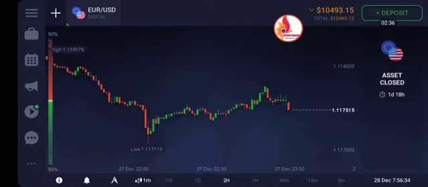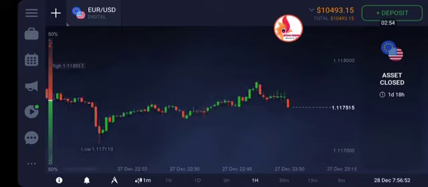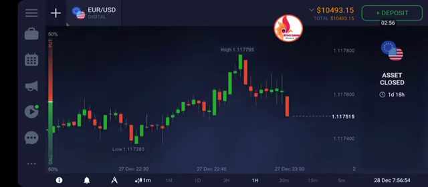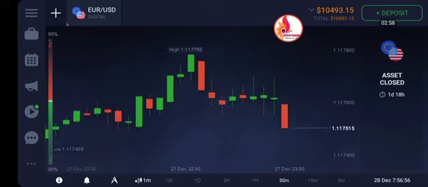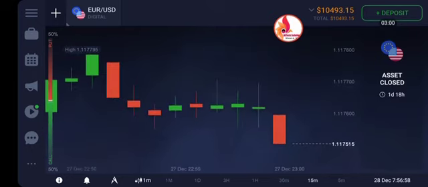Now, another thing you should do is to make the chart more visible. If you look from the other side of the page of the chart, you have 2 hours active, meaning the chart time is 2 hours. We can change it to 1 hour, or 30 minutes, or even 15 minutes.